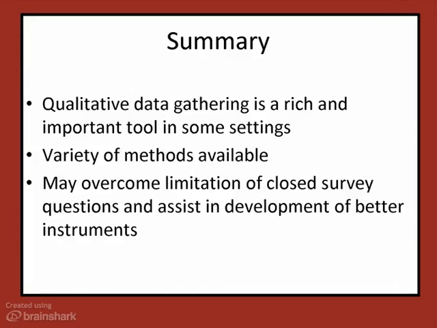So it gives us a tool to really investigate a holistic picture of what's going on, the why and the how, and obtain information that you wouldn't necessarily be able to obtain from a more quantitative approach. We're seeing more and more in the literature a mixed method approach where you use a qualitative and quantitative design, which can become really complex, but it's a great way to think about this.